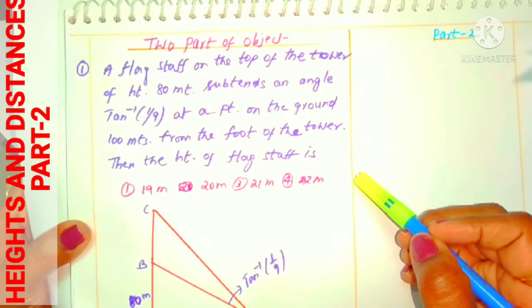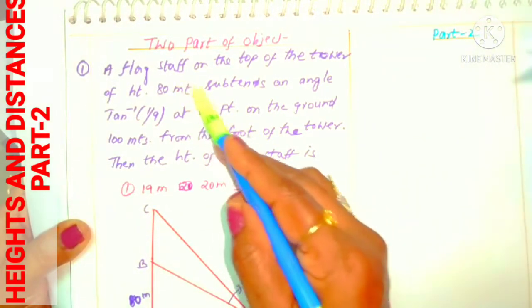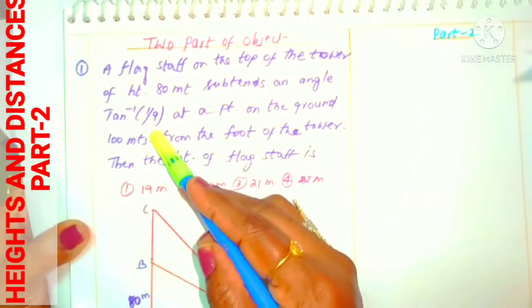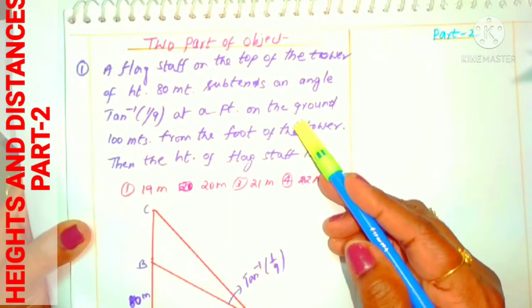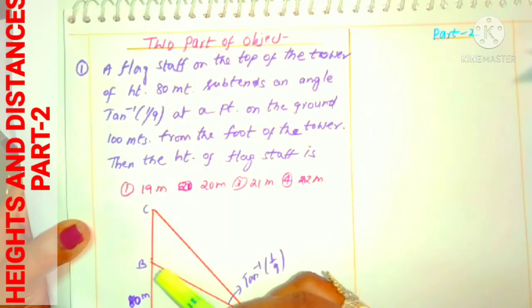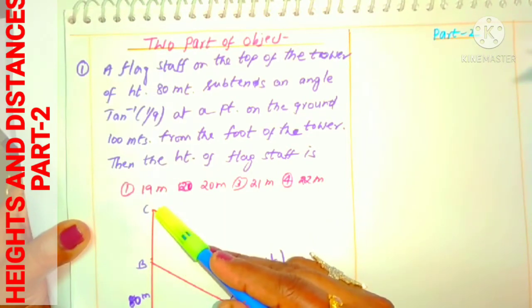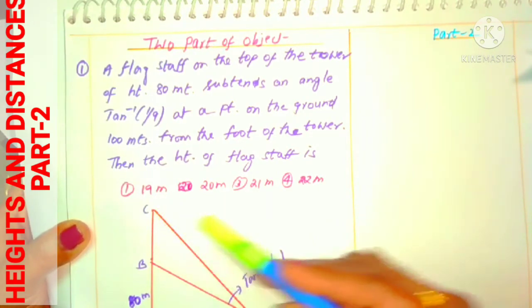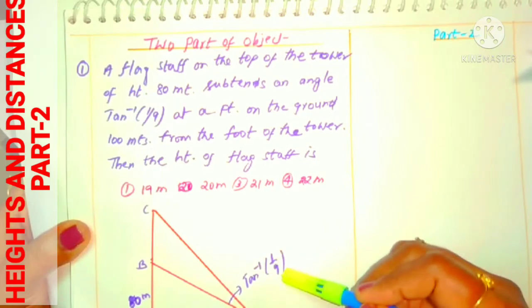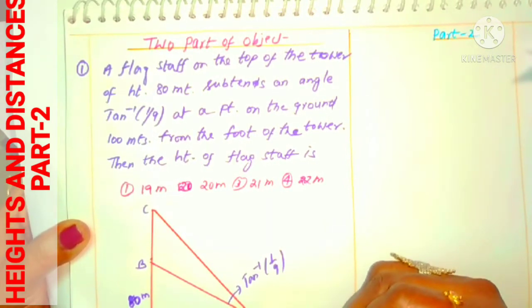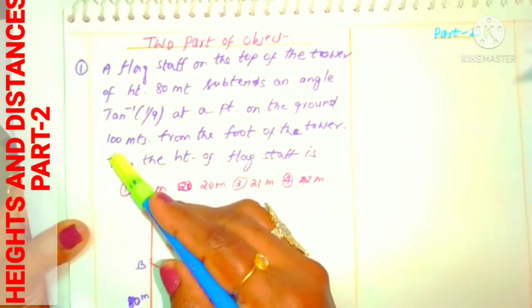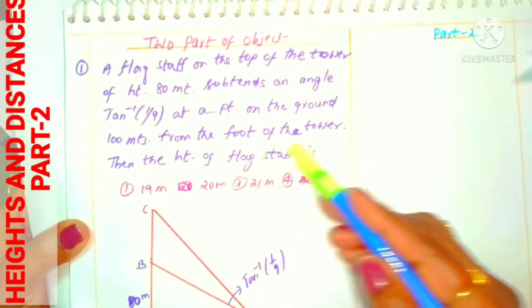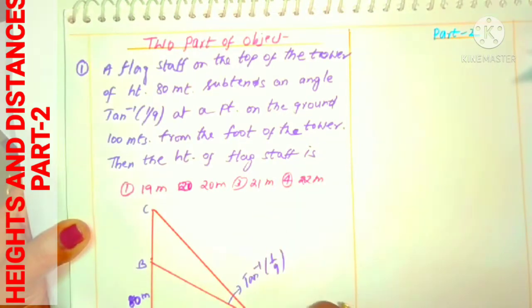Now, what is given here? That flagstaff subtends an angle tan inverse 1 by 9 at a point on the ground. Flagstaff means BC, which subtends an angle tan inverse 1 by 9 at the point D taken on the ground, which is 100 meters from the foot of the tower. What is the foot of the tower here?